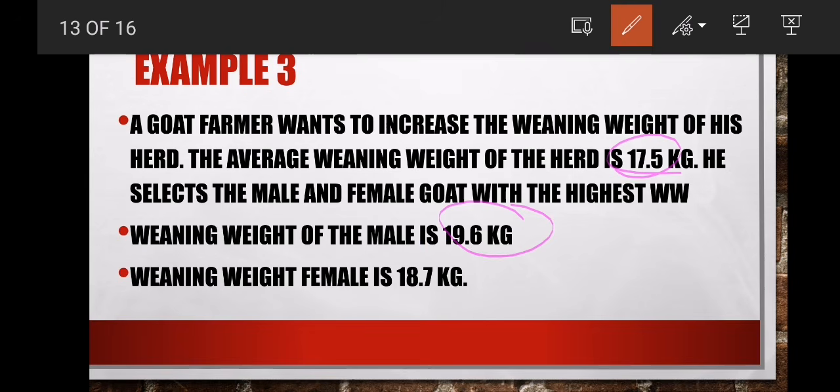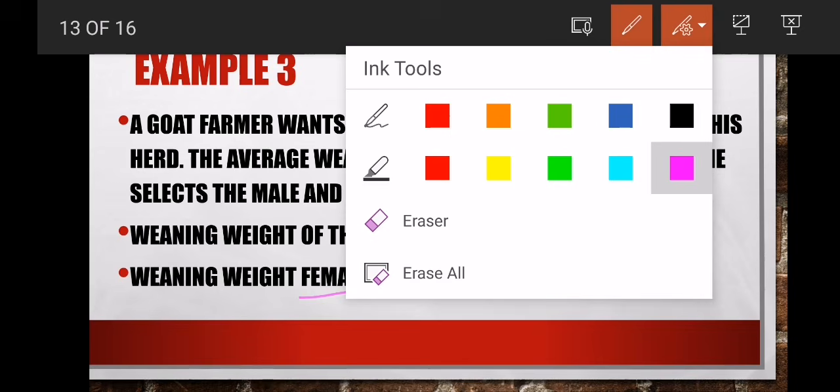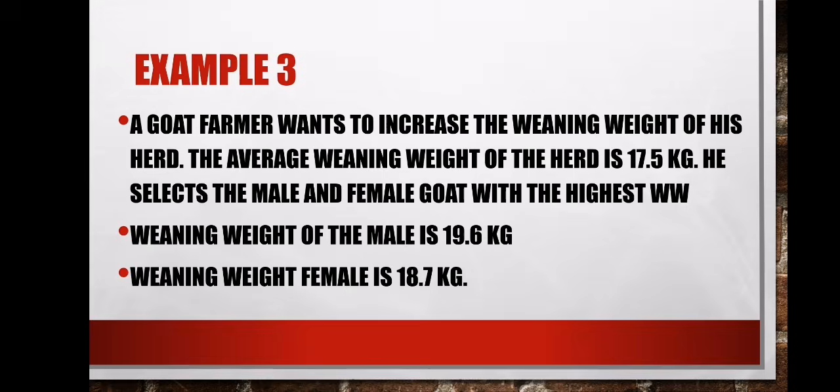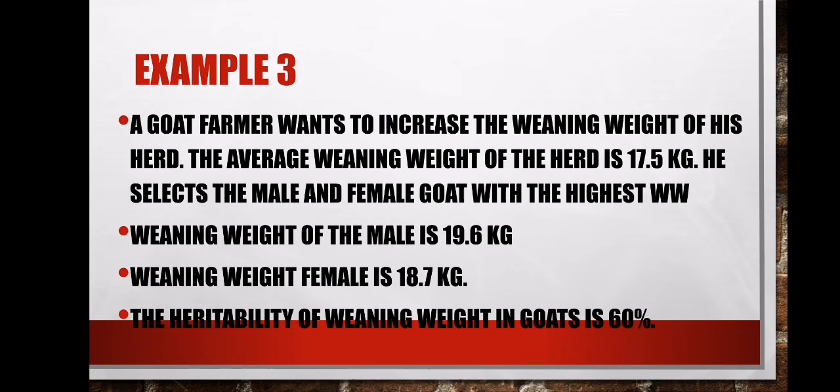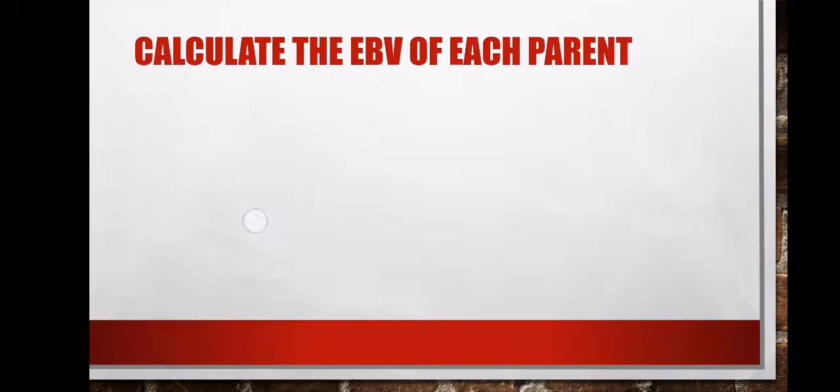Then for the male, it's 19.6. For the female, it's 18.7. Let us check what they say. The heritability that we have is 60%. Okay, fine. Calculate the EBV of each parent.